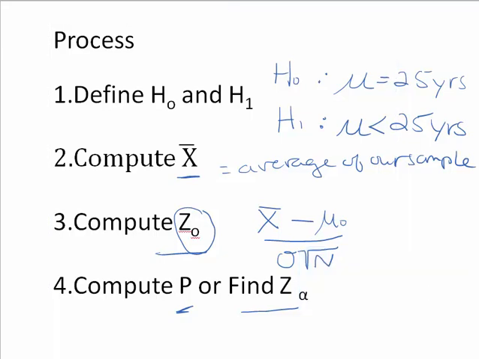And when we find z alpha, we're going to compare it with our z naught at a certain alpha level, which is essentially just our confidence level that we're not going to have a type 1 error.